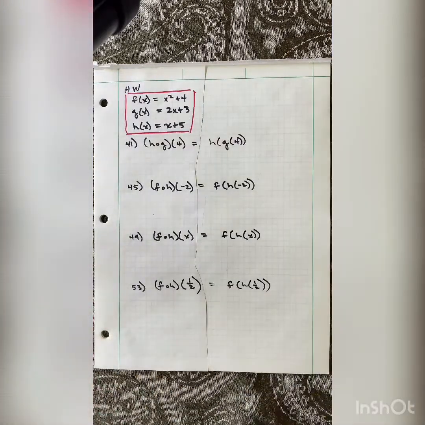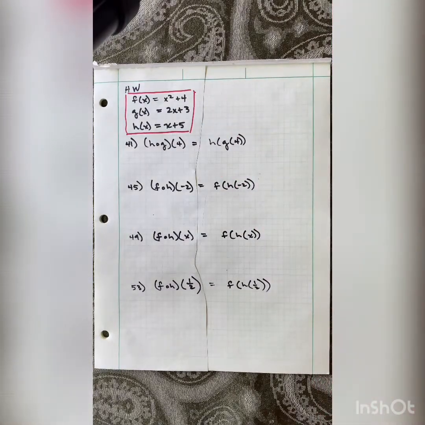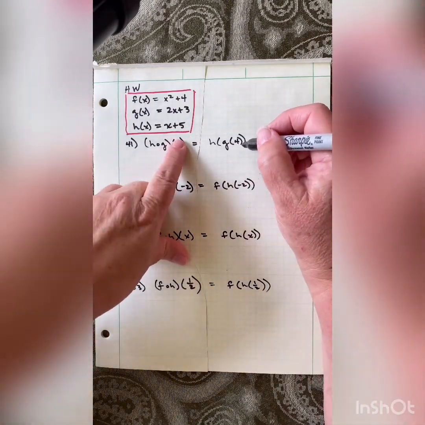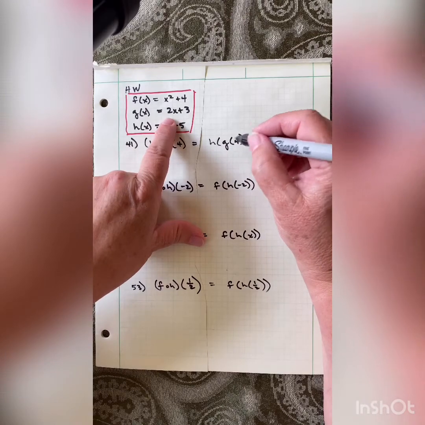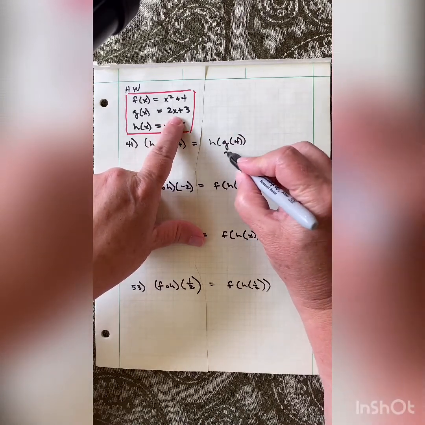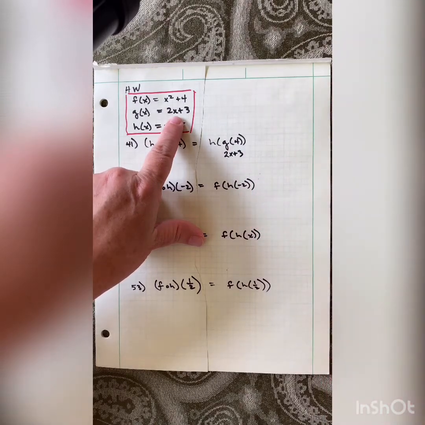All right, let's take a look at a few homework problems. Here's your f, g, and h. I need to find h of g of 4. So rewrite it, h of g of 4. We need to find g of 4 first. Remember, we always start at the innermost and work our way out. So g is 2x plus 3. Substitute in 4 for your x.